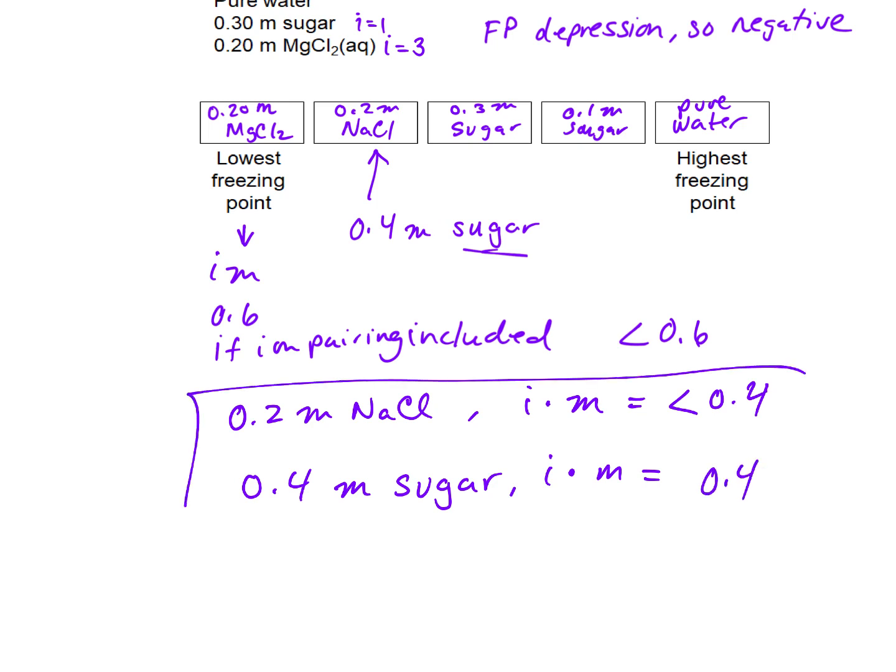So if we have two different solutions and we want to figure out the one with the lowest freezing point, we have a solution that's 0.2 molal sodium chloride and one that's 0.4 molal sugar. Which one is going to have the lowest freezing point? The sugar, yeah.